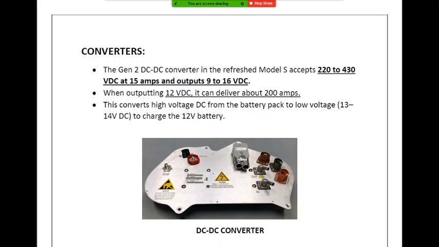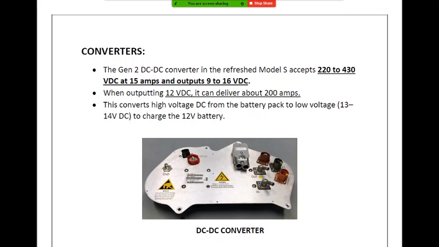In such cases, you will need voltage ranges around 12 volts, something equal to 10 volts, or something related to 20 or 15. So in that case, the converter plays a major role. The use of converters is to buck or boost, that is, step up the voltage or step down the voltage.